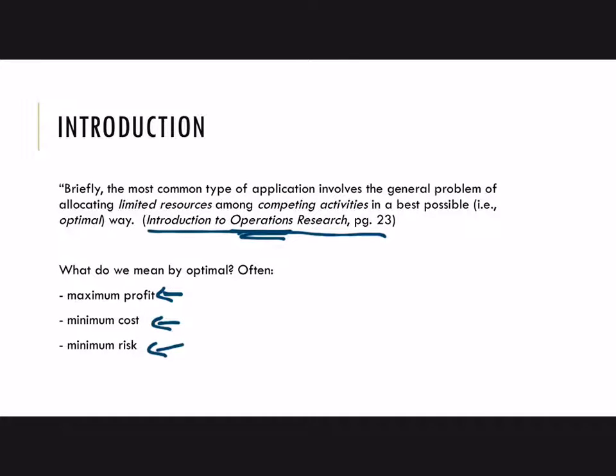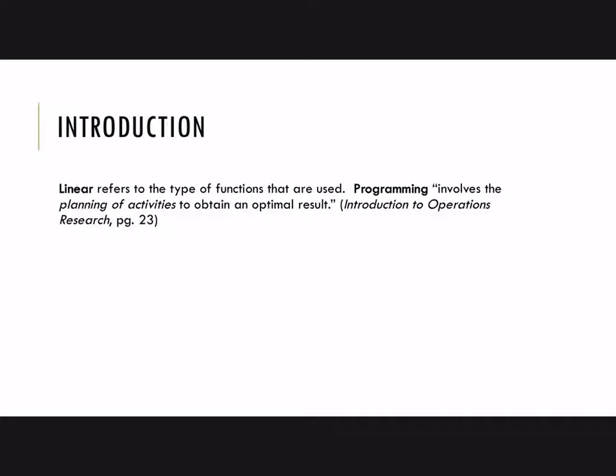So maybe for the Air Force, they wouldn't want to send all of their supplies to the same base just in case there was an issue with that base. Maybe the security is compromised, or ultimately something tragic happens and that base is no longer in operation. Linear refers to the type of functions that are used.